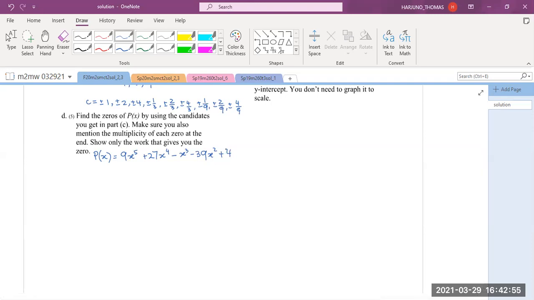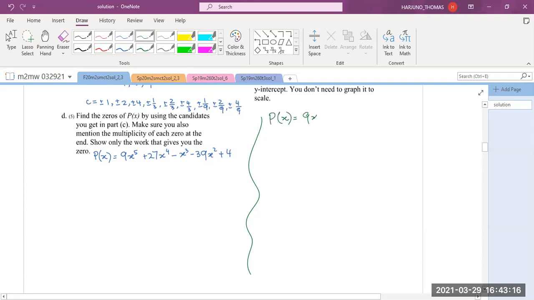So assume my right-hand column here will be our scratch paper. And once I can find the zeros, then I copy that on the test paper, the one that gives me 0 only. Okay, now that's our polynomial, 9x to the 5th plus 27x to the 4th minus x cubed minus 39x squared plus 4.